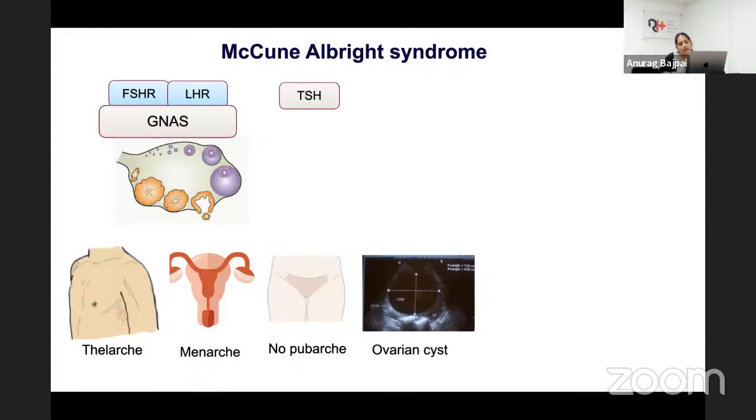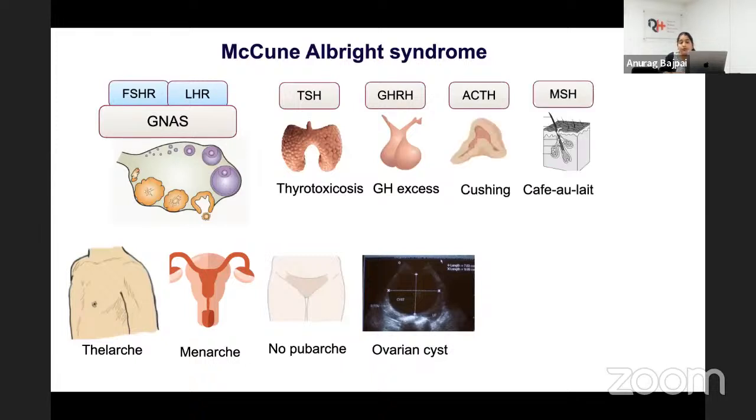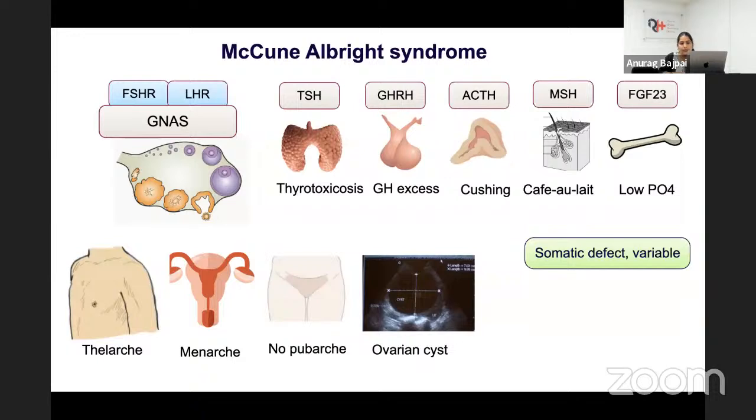Because we know that it is basically a somatic mutation, depending on the spread of the somatic mutation, the patient can have thyrotoxicosis, they can have GH excess, they can have Cushing-like syndrome, they can have cafe au lait spots that are large and irregular in shape, and they can also present with hypophosphatemic rickets.